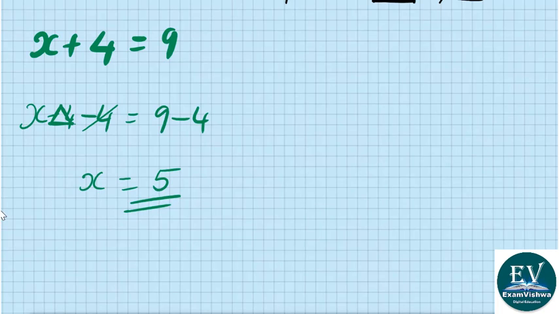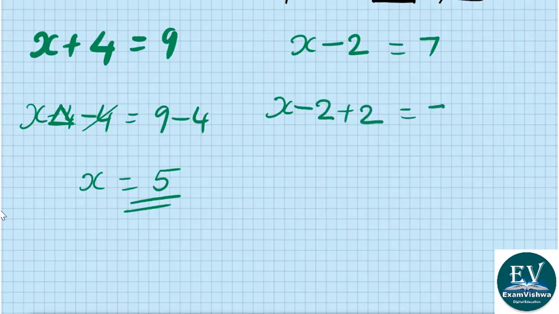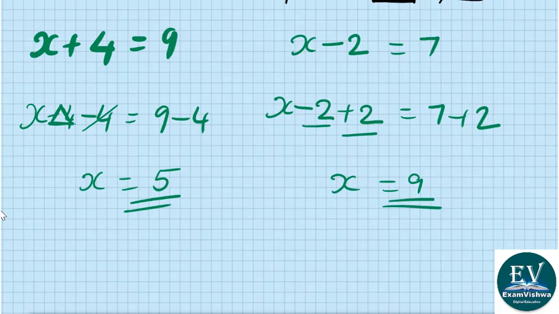Another situation. x minus 2 is equal to 7. So what will we do? For x minus 2, we will add 2 on both sides. Minus 2 plus 2 will become 0. That means x is equal to 7 plus 2, 9. Understood?